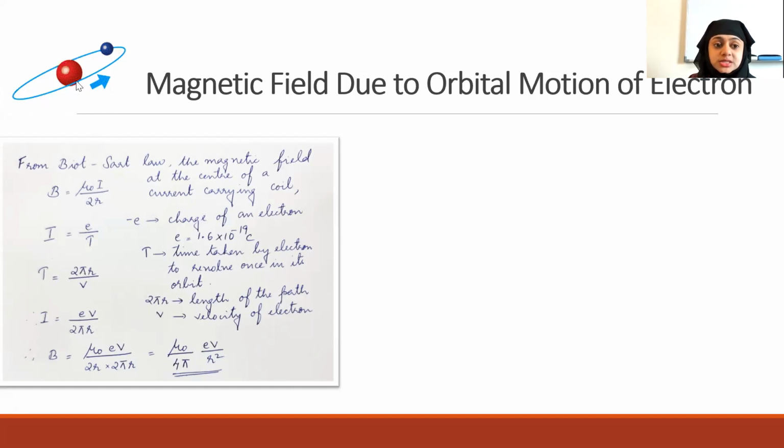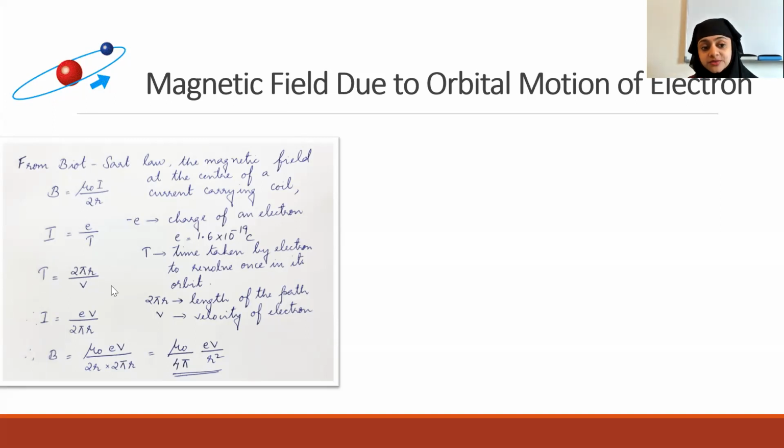So what is the distance when the electron makes one complete revolution? That is the path length of the circle, which means the circumference of the circle, which is 2 pi r, if r is the radius. So time I have written here is distance by velocity. Distance is 2 pi r divided by velocity.